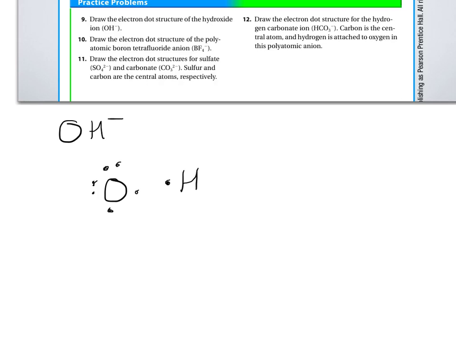And there's a minus sign, so I have just an extra bonus electron floating around. So let's bond these two together. That makes hydrogen happy. Oxygen's getting there. It needs 1 more electron. Well, guess what? There is an extra electron, so let's just give it to oxygen, and we're good. And so I get OH minus.